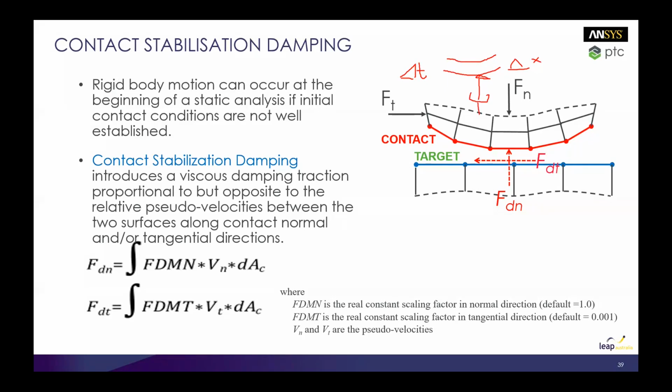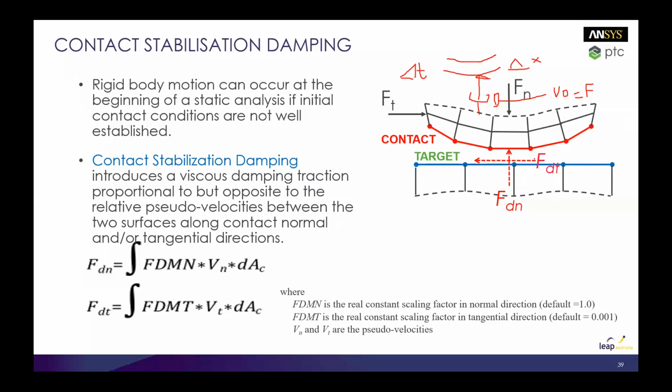Because we have delta x over delta t, that's a velocity. That velocity times the damping gives you a force, which essentially balances the force you're trying to apply. So this contact stabilization damping will allow these two parts to come into contact. You've essentially got rigid body motion, but it's controlled and balanced.